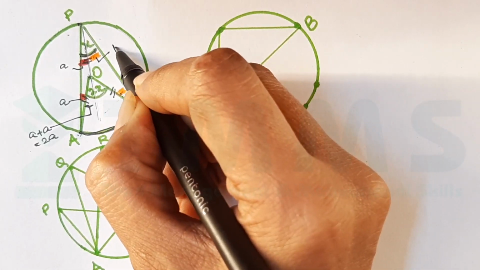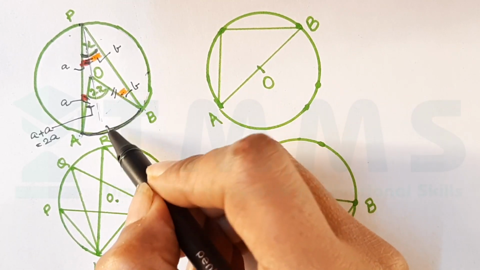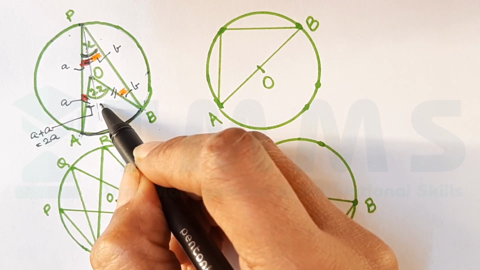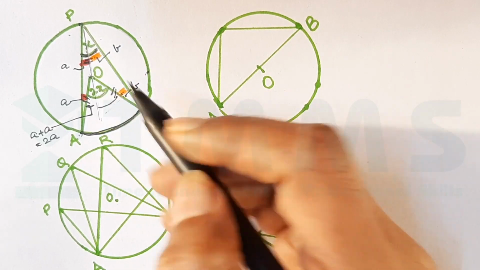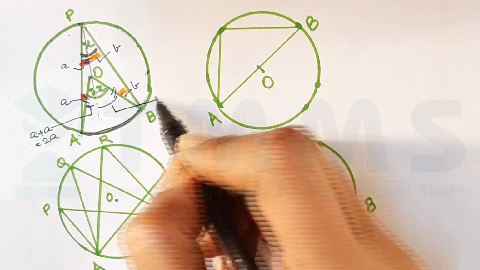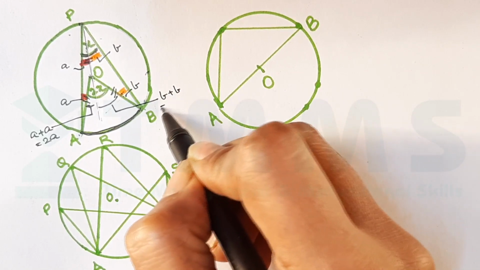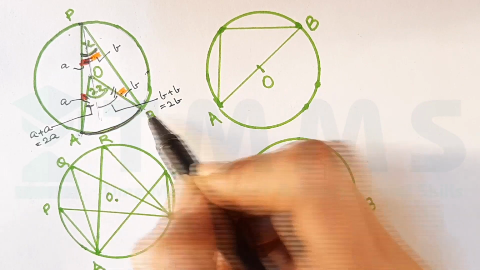We will simply call this small b and this one small b. And now look at this angle over here. This angle will be the exterior angle for triangle POB, and this one will become b plus b, which is simply 2b.